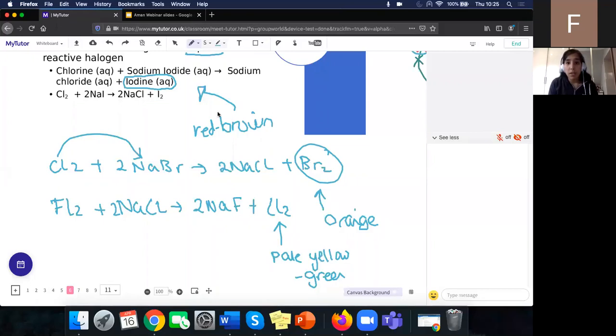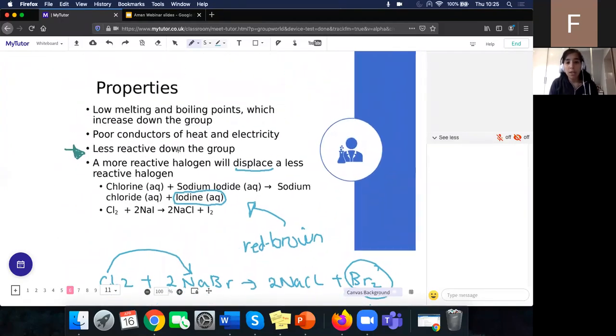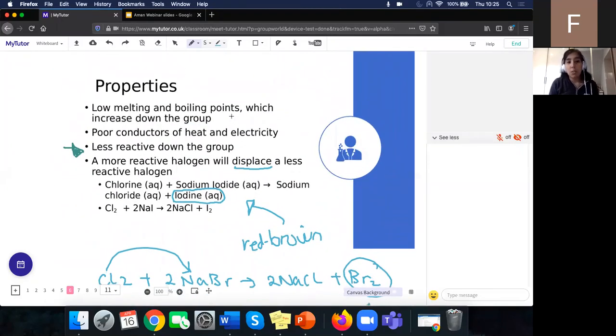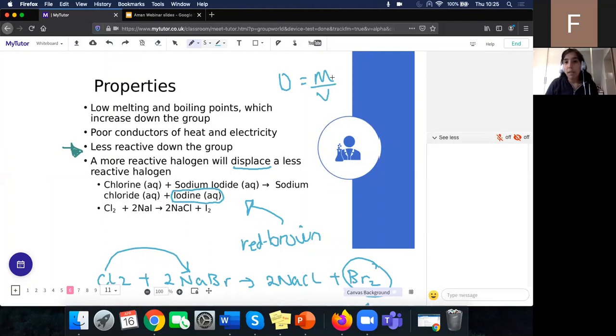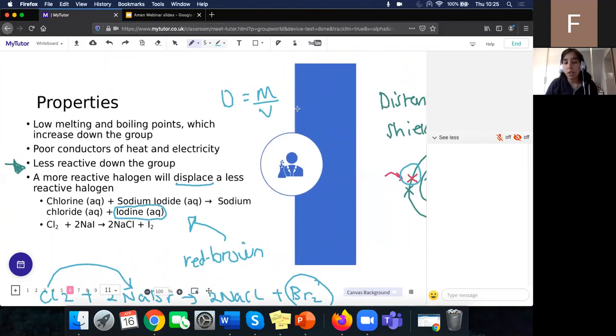Someone's asking me, can you explain why the group 1 elements have low density? Yep, so group 1 elements, pretty much as we go down the group, the mass increases more than the volume. So remember that density equals mass over volume. If the mass in one element, let's say in lithium, is 3, whereas in potassium or something, it's 19, the mass increases more than the volume.